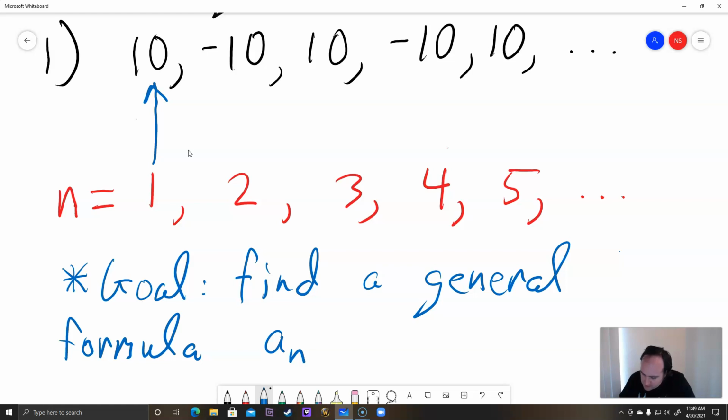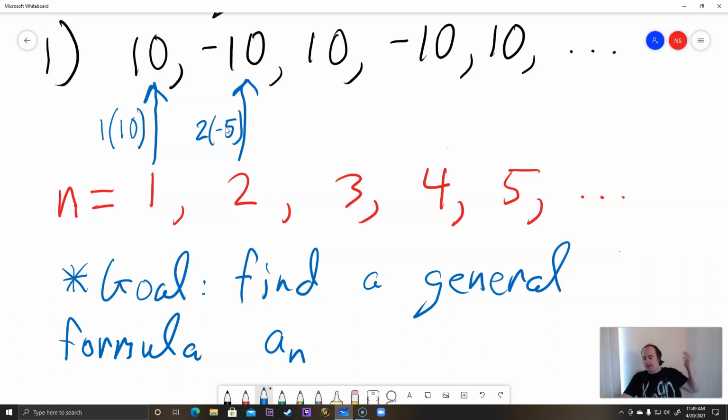For the first term, I actually have 1 times 10. This is just me trying to find a pattern. Now for the second term, how do I get from 2 to negative 10? Well, I could do 2 times negative 5. I could do that, but I'm probably going down the wrong track here.